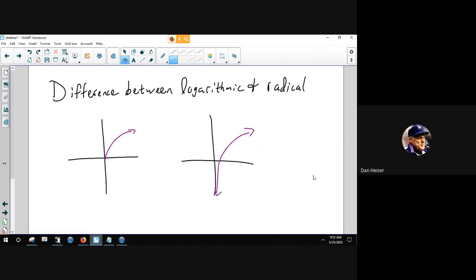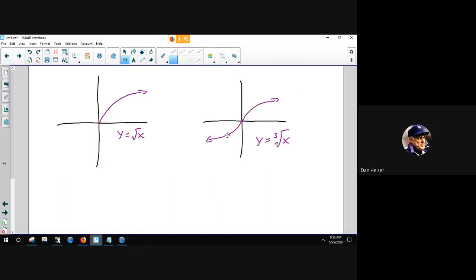Oftentimes there's confusion between radical and logarithmic graphs. And there's a little way you can tell the difference. Radicals have a stop. They only go one direction, especially if it's an even index. If it's an odd index, there's no way we're going to ever mistake this for a logarithmic. A radical has a stopping point.